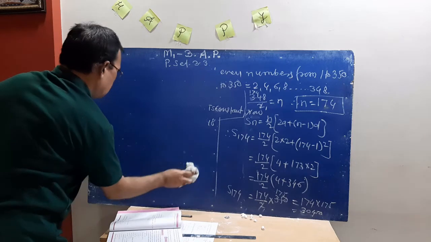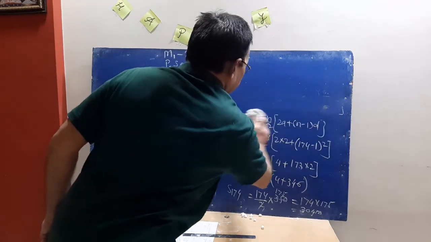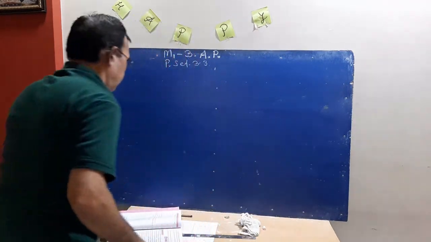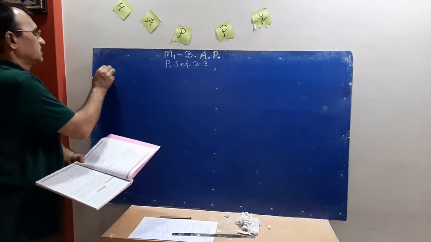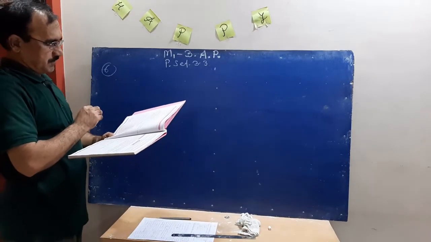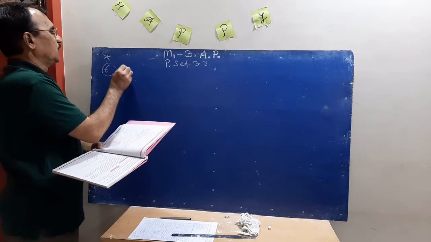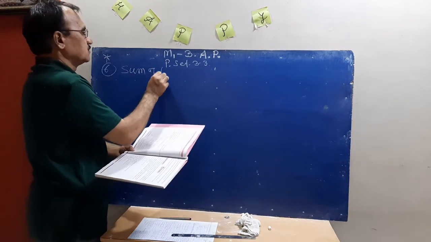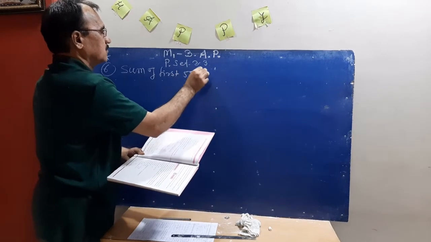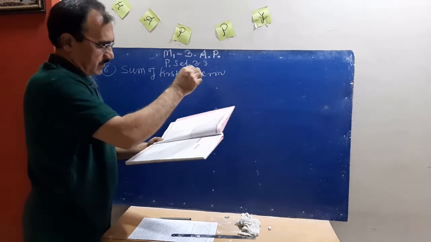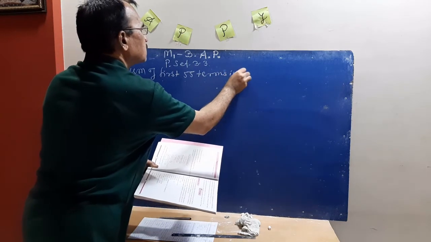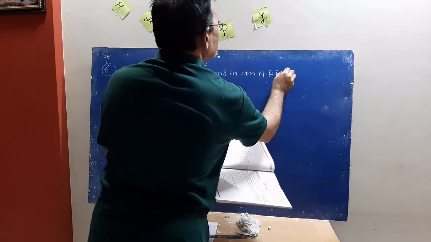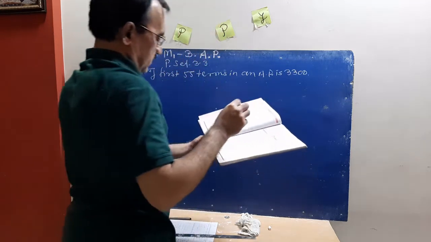Which one? The sixth one. The sum of first 55 terms in an AP is 3300.